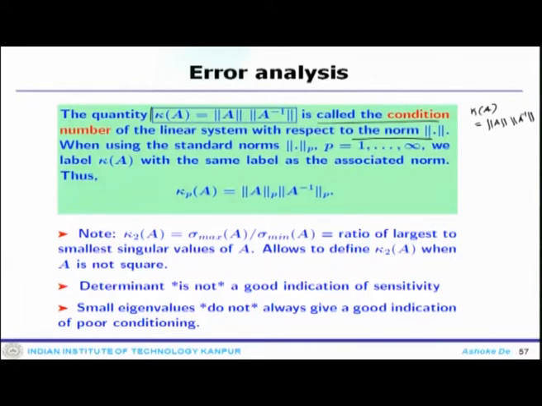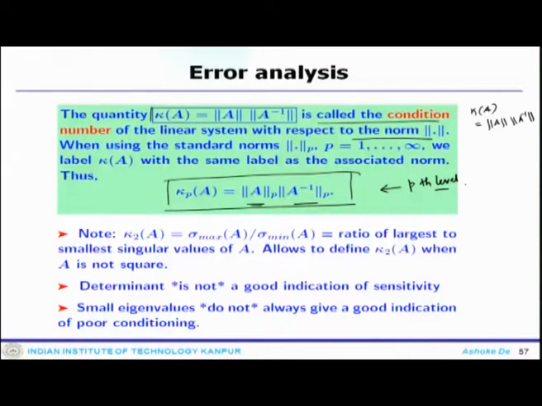So, when you use the standard p norms, 1, 2, 3 to infinity, we say kappa A at the same level: the condition number for the pth norm of A can be written as the magnitude of A at the pth norm times A inverse at the pth norm. So, p can go from 1 to n like that.